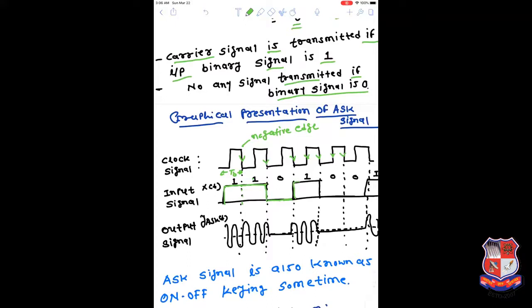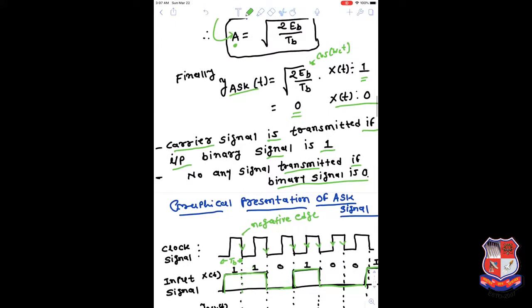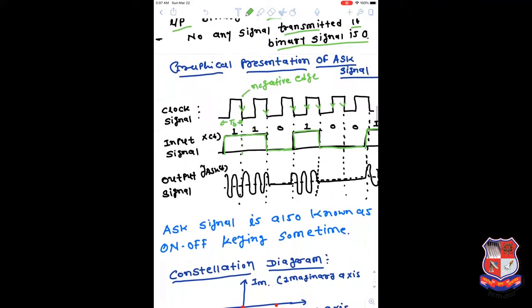Then again 1 is represented with a positive pulse, 0 with no pulse, and the same for all other bits in the sequence. As per this equation, if the input bit is a 1, we transmit the output as square root 2 EB by TB into cos omega ct. That is the multiplication sign here, and if the input is 0, the output would be 0. This is the input of the modulator and this one is the output of the modulator.